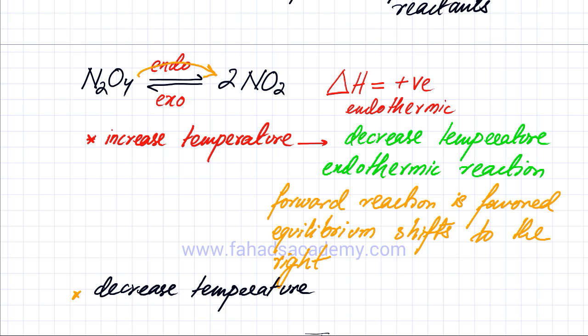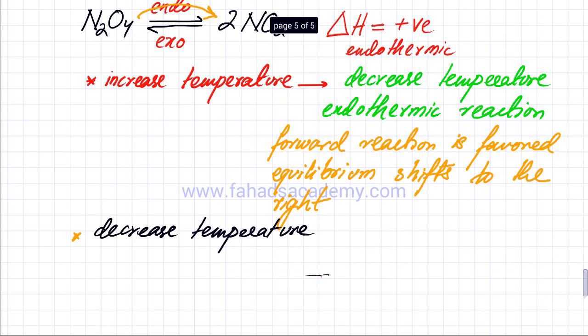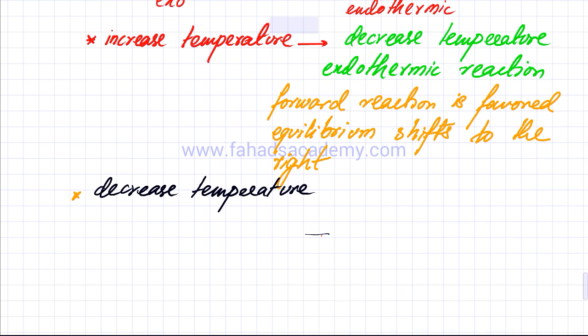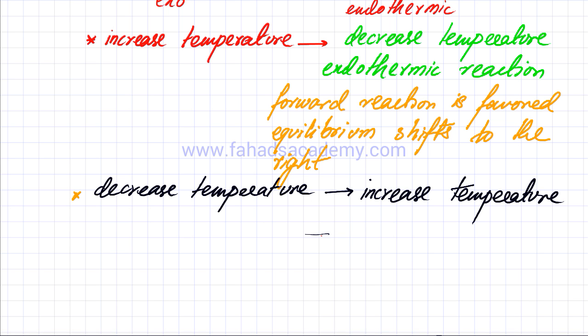so if I decrease temperature, let me move the page upwards. Then the equilibrium would try to do the opposite, by Le Chatelier's principle. It's going to try and increase temperature.